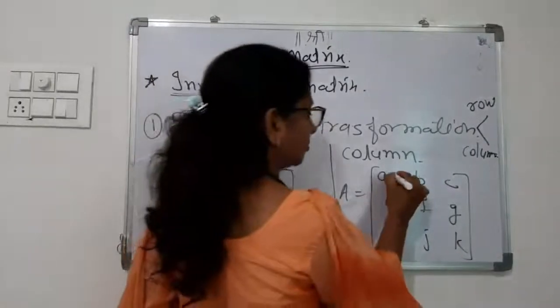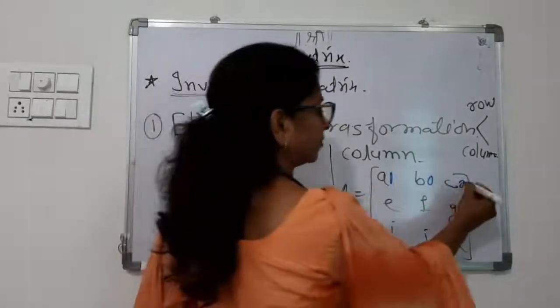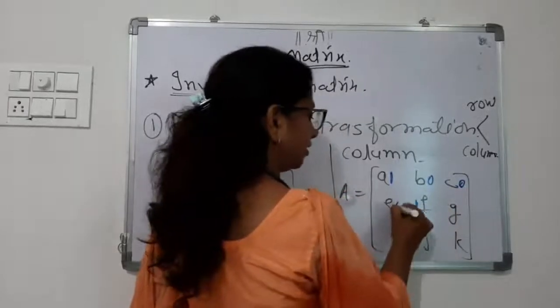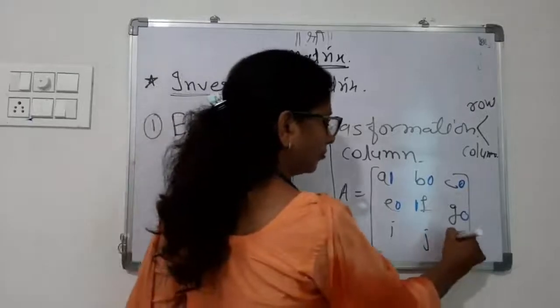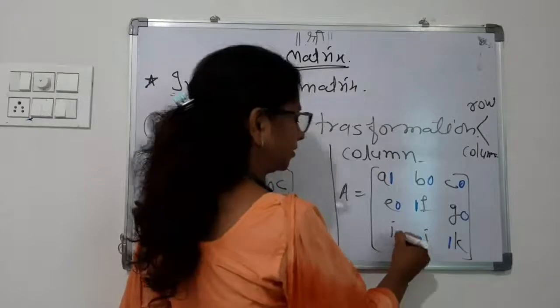Means first we have to bring here 1, then 0, then 0. For the next row we have to bring here 1 first, then here 0, then here 0, and then in the third row we will bring first here 1, here 0 and here 0.